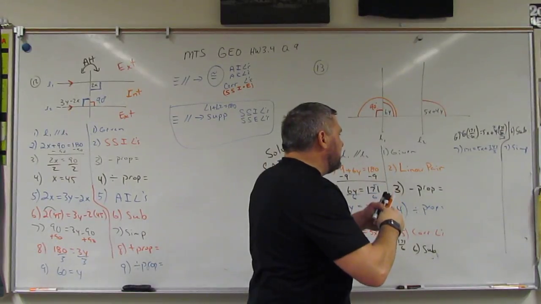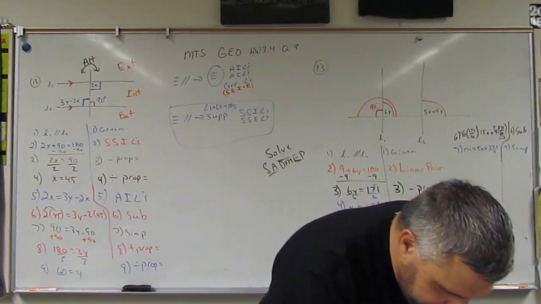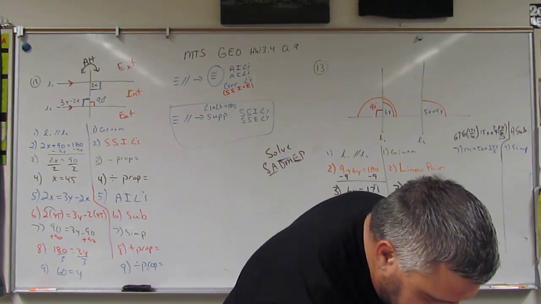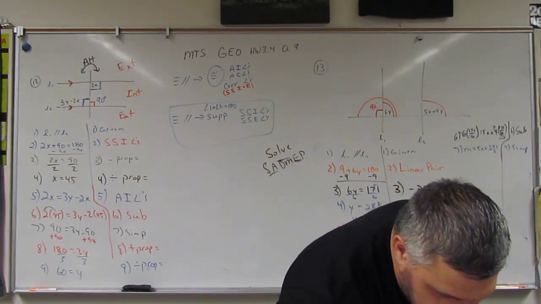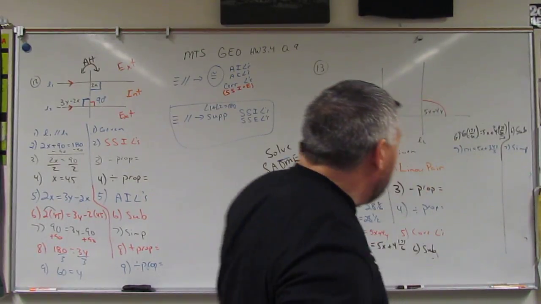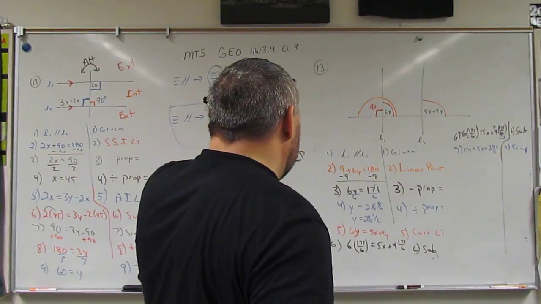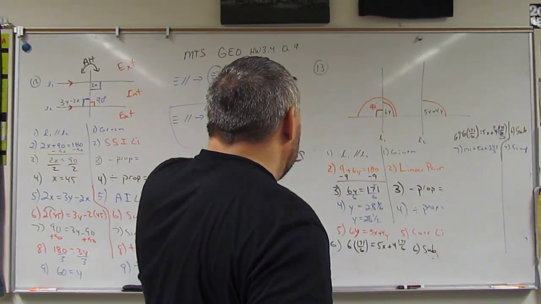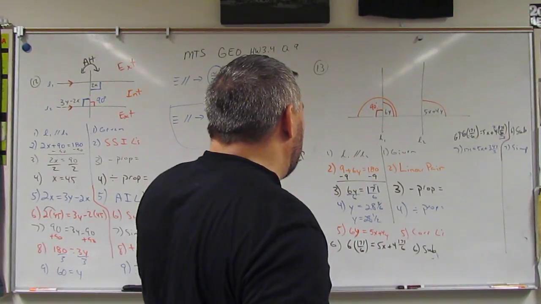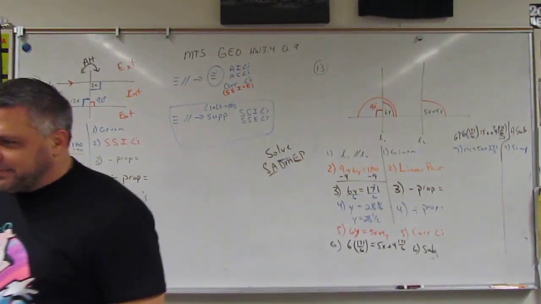Then what are we going to do? We got a negative number. Did we write it wrong? 6y, 5x plus 4y. 6y equals... Oh, that's why.